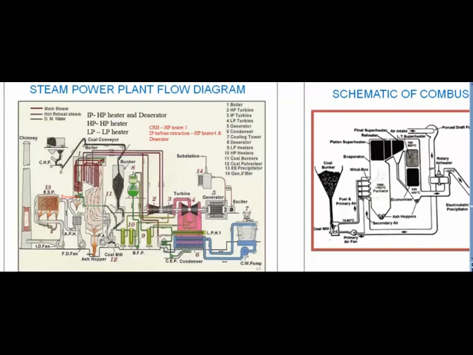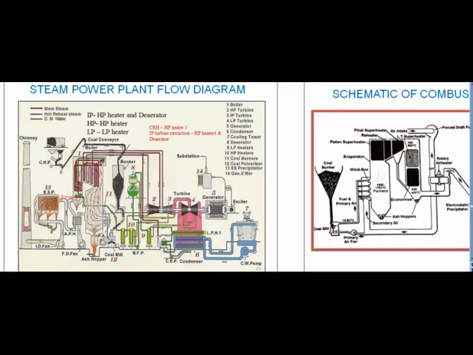Next slide, we will see the flow diagram of a steam power plant. This also exhibits the location of various equipment and their respective positions. The coal is transported to the power station by ropeway, railway, or road transport.